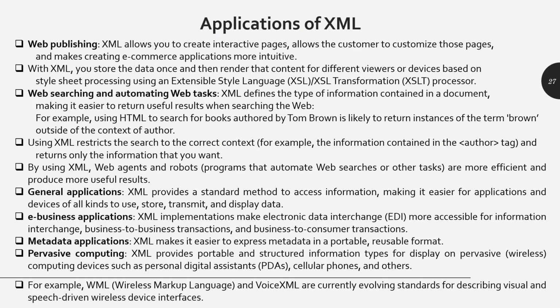Now let us discuss about the applications of XML. XML is very useful for web applications. Using this we can create more attractive web pages in e-commerce web applications, and all we can create using this. Also it is very useful for searching application and all compared to HTML.